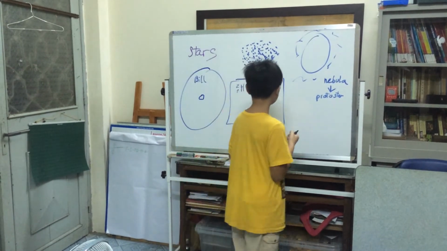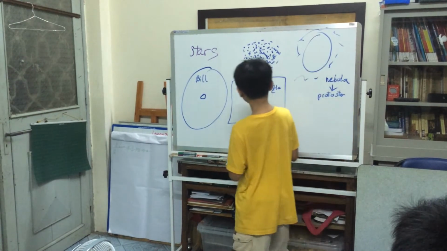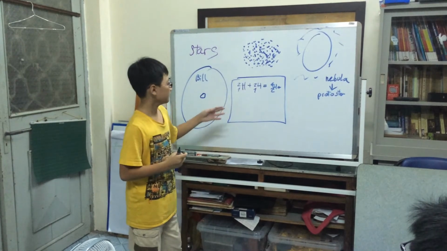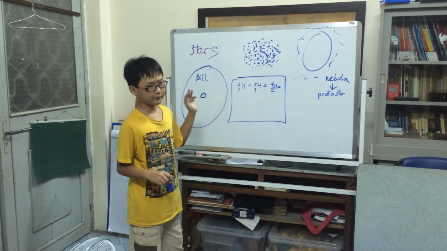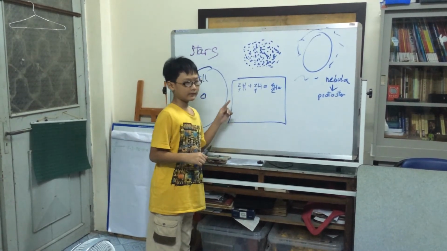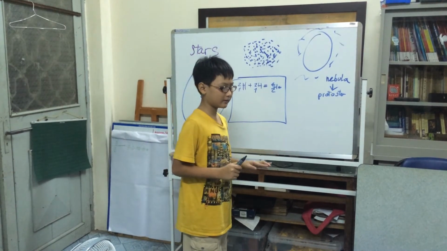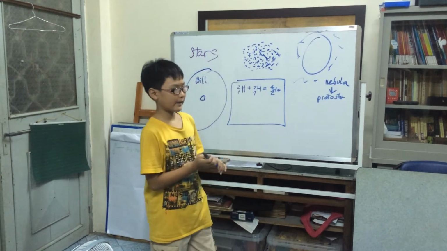I think so. So we have this formula here in which nuclear fusion can make a lot of energy. When temperatures are just right and pressures are just right, two hydrogen atoms can slam together, overpowering the electromagnetic force, and they create a helium atom.